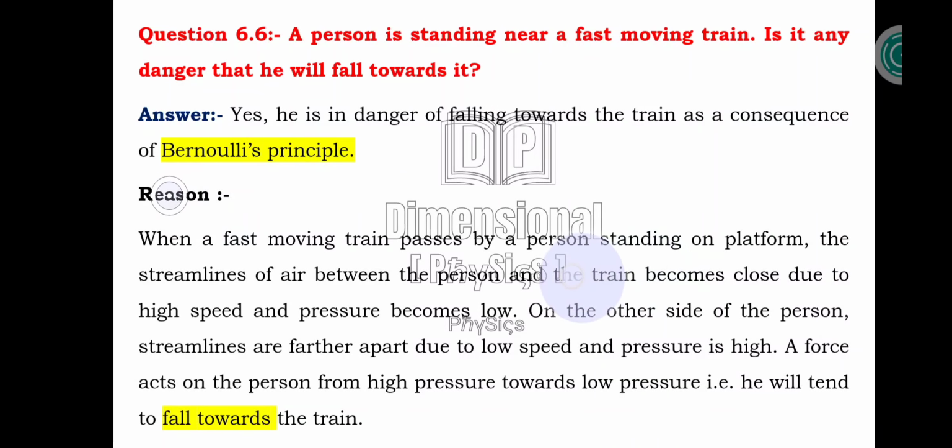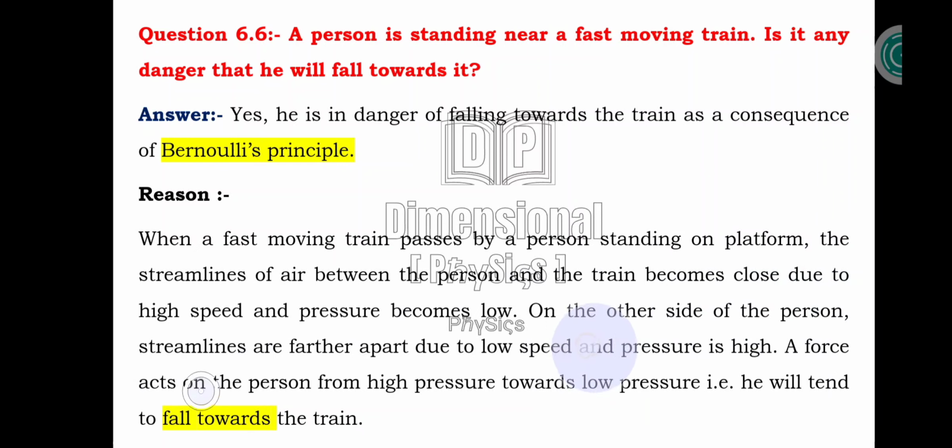Reason, what is it, student? See, when a fast-moving train passes by a person standing on the platform, the streamlines of air between the person and the train become closer due to high speed. So students, speed will be greater, and according to Bernoulli's principle, where speed is greater, pressure will be lower, so pressure becomes low. On the other side of the person, streamlines are further apart due to low speed and pressure is high.